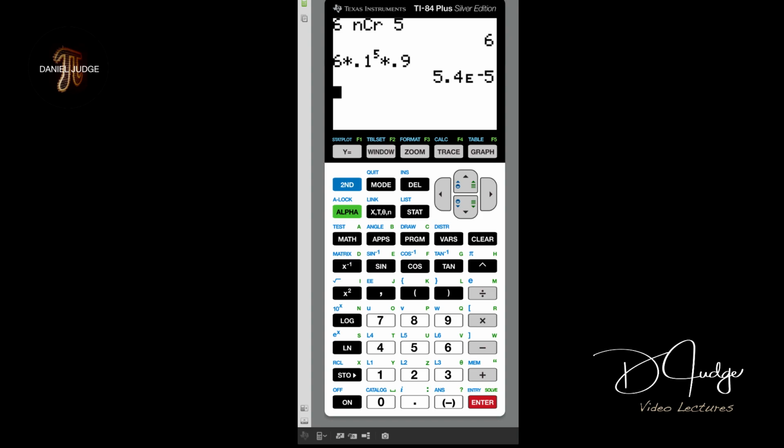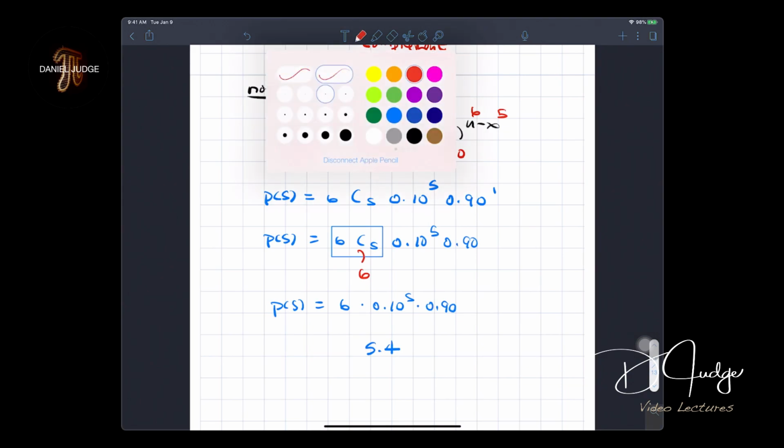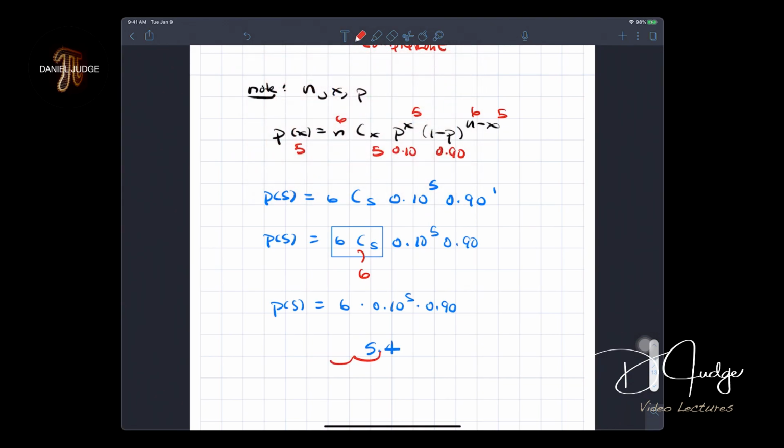Now remember, this answer is in scientific notation. That means write down 5.4, and you're now going to move this 5 spaces, 1, 2, 3, 4, 5, to the left, and put some zeros.